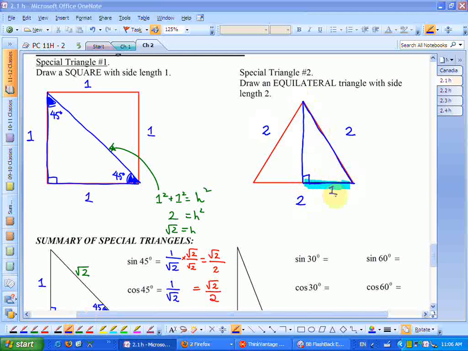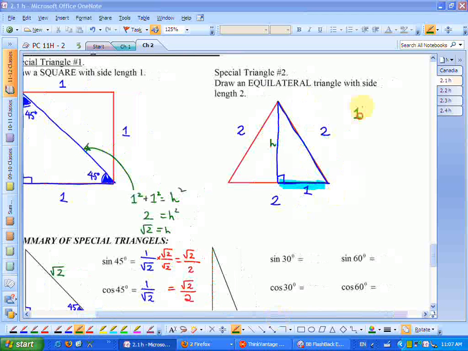And the side we don't know right now is the actual height here. Can someone suggest how I can figure that out? Pythagoras, you bet. So 1 squared plus h squared equals 2 squared. And I think you could try to solve for h in this case. H is a root again. How about root 3?